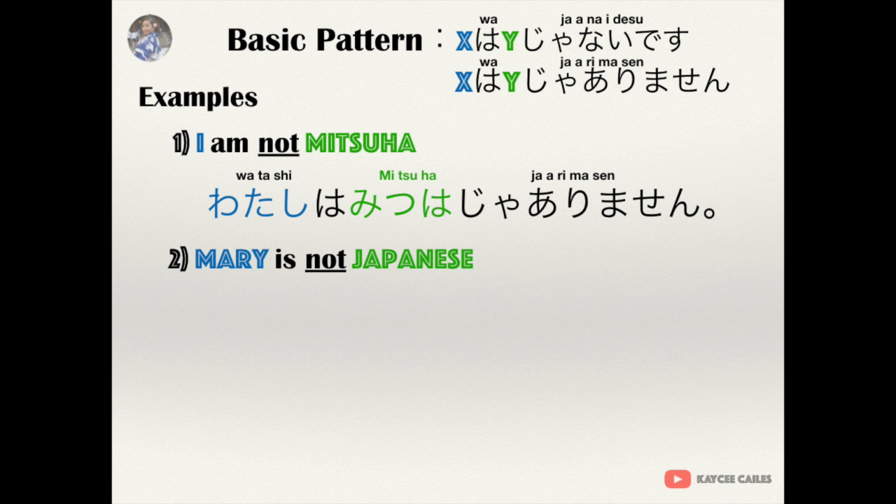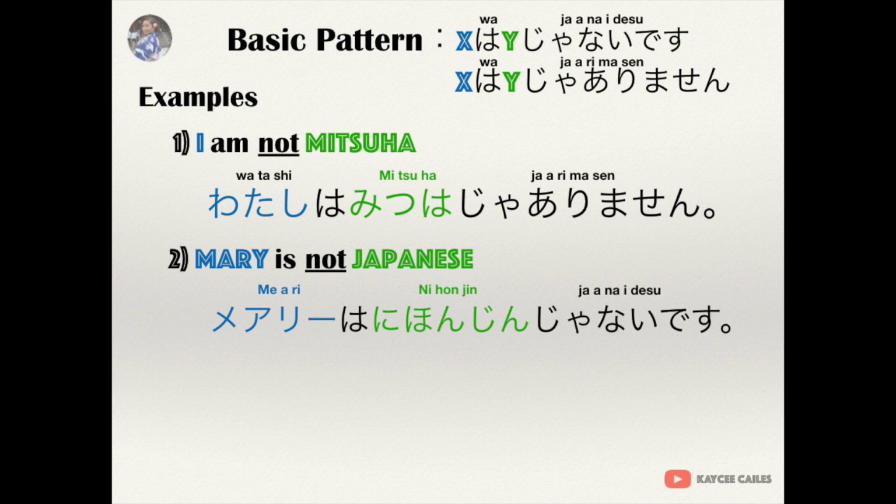Second, we have Mary is not Japanese. Mary in Japanese is pronounced as Meyari, and our comment is Nihonjin. Let's make it into a sentence. Meyari wa Nihonjin janai desu or Meyari wa Nihonjin ja arimasen. Mary is not Japanese.